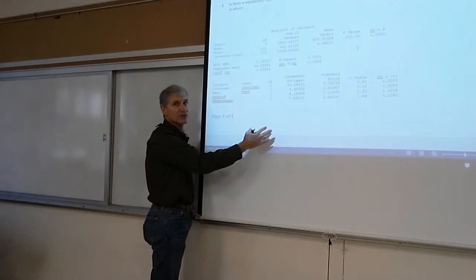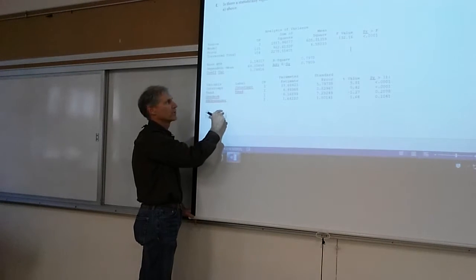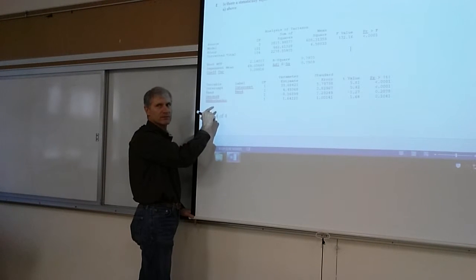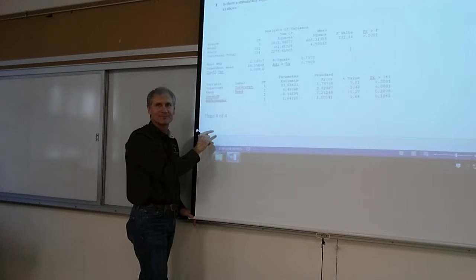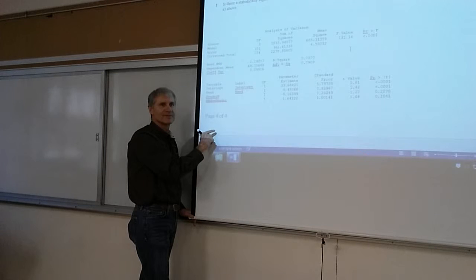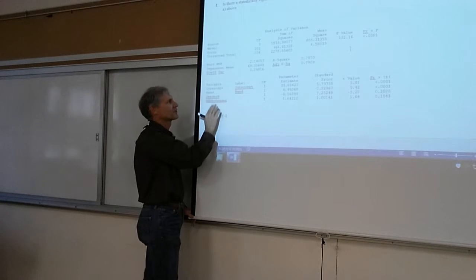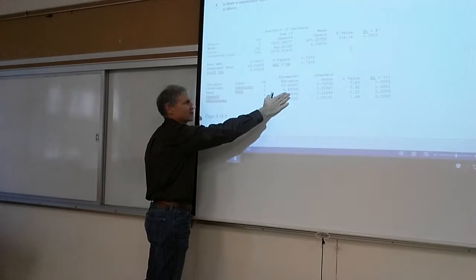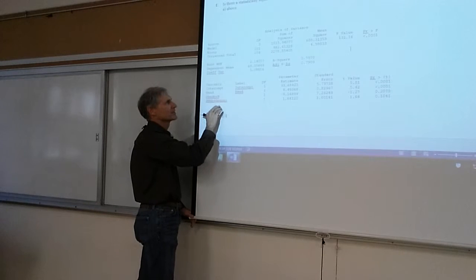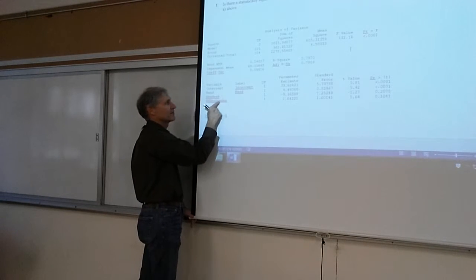There's your equation for females: intercept plus coefficient of hand. Oh wait, what did I say? That was females or males? I said males, but that should be female. Male is 1. So for females, these zero out. And then for males, you're going to plug a 1 in for each of those.